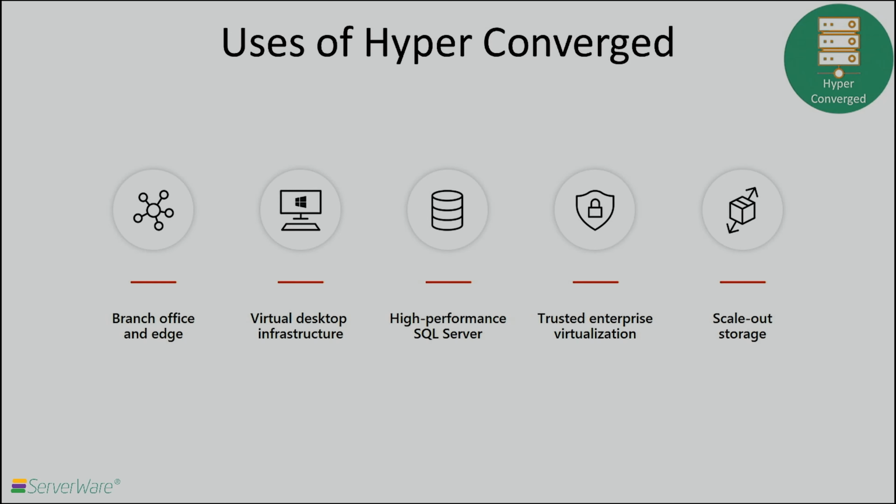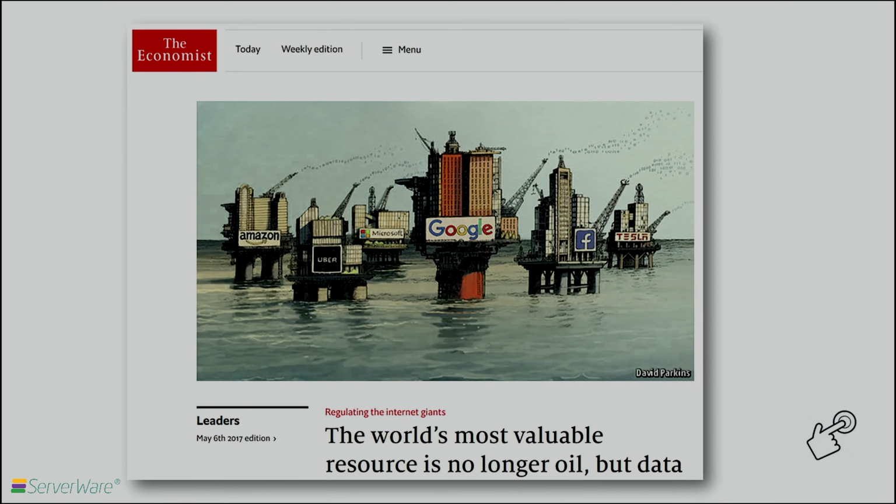Last but not least, the scale out storage. You soon realize that this particular solution that we're talking about fits every one of these scenarios in an amazing way. So starting with the branch office and edge, and of course working through even the most intense requirement with SQL Server, and of course, not surprisingly, SQL Server being one of the best workloads for HCI, holds some of the most valuable data.